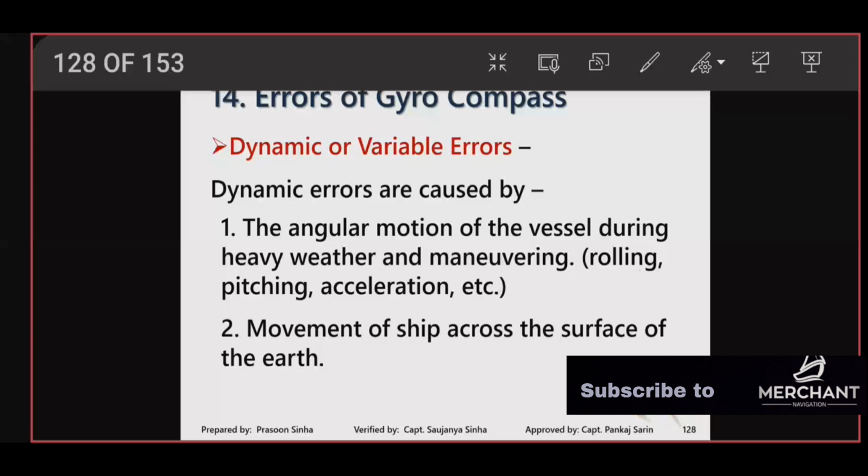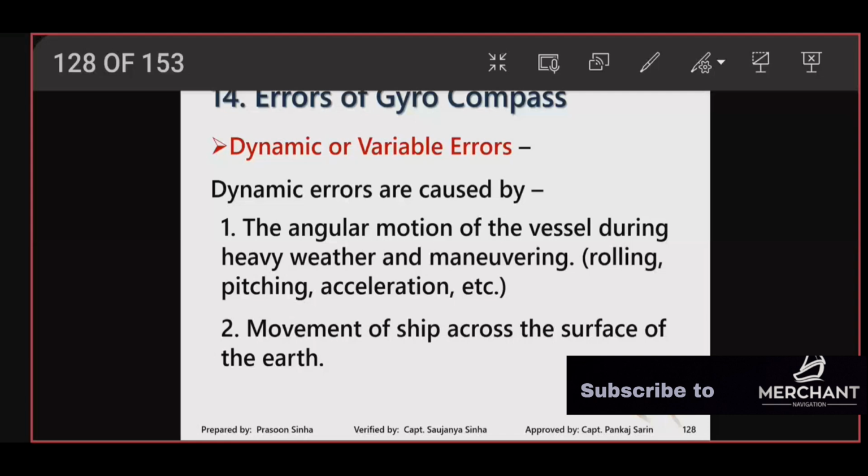Because remember, gyro is all about that tilting and drifting and control precession and damping precession. तो अगर टेबल पे बना के रख देते तो ये सब बहुत अच्छा काम करता. बट जहाज में बहुत सारे मूवमेंट्स होती हैं, और although we try to make the gyro compass totally free, लेकिन पॉइंट ऑफ कांटेक्ट तो होता ही है जहां गिम्बल्स जुड़ते हैं. तो whatever infinitesimal friction is there, that does lead to a little bit of problem. So that is causing variable errors.